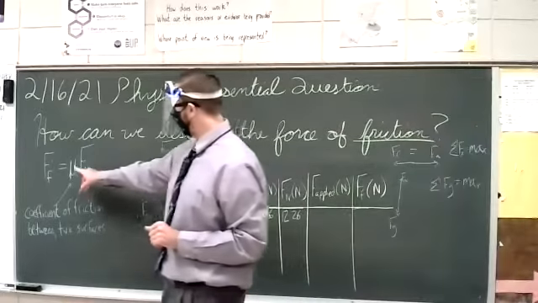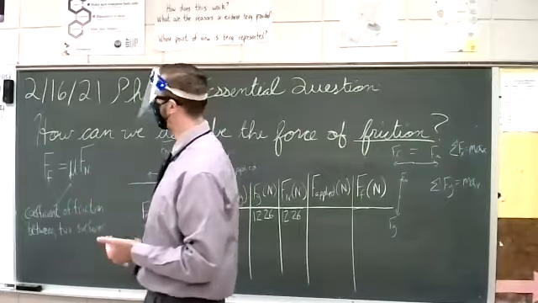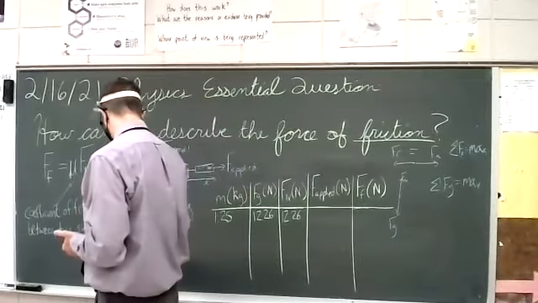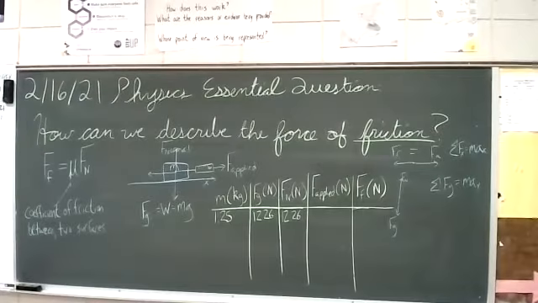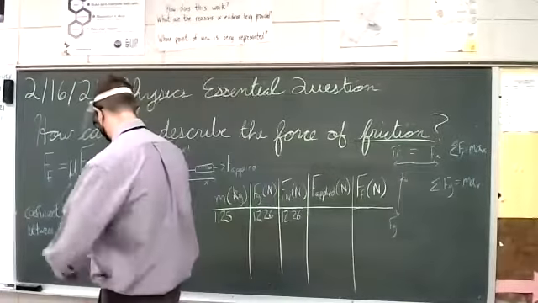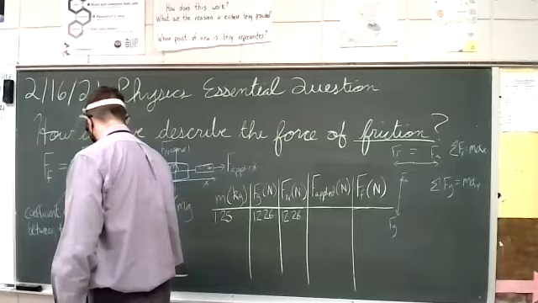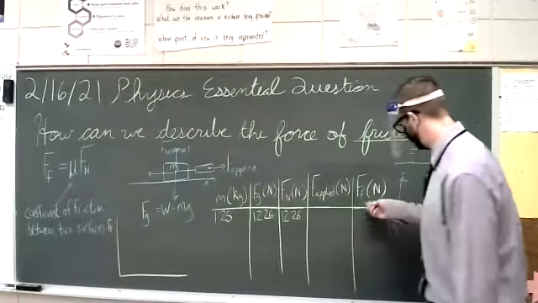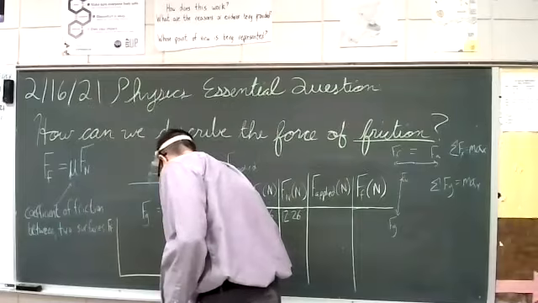If you want to know the coefficient of friction, that's your claim you're going to reach here. Then your graph is going to look like... that's our scalar chalk. We need an S. Your graph here, we're going to plot the frictional force, which is like these numbers, against the normal force.